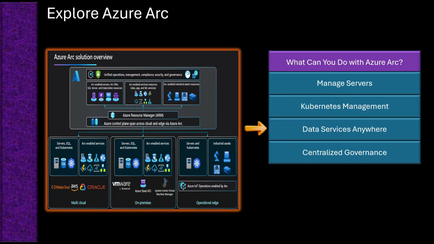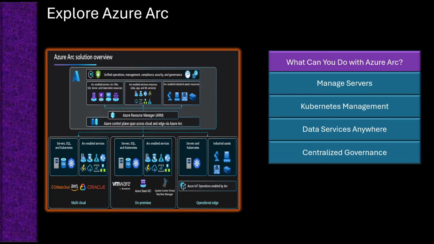You can run Azure SQL Managed Instance or Azure PostgreSQL Hyperscale on premises or in other clouds and benefit from Azure scalability and automation. And you can apply a single set of compliance and security policies across your entire environment, whether it's on premise, Azure, or another cloud.